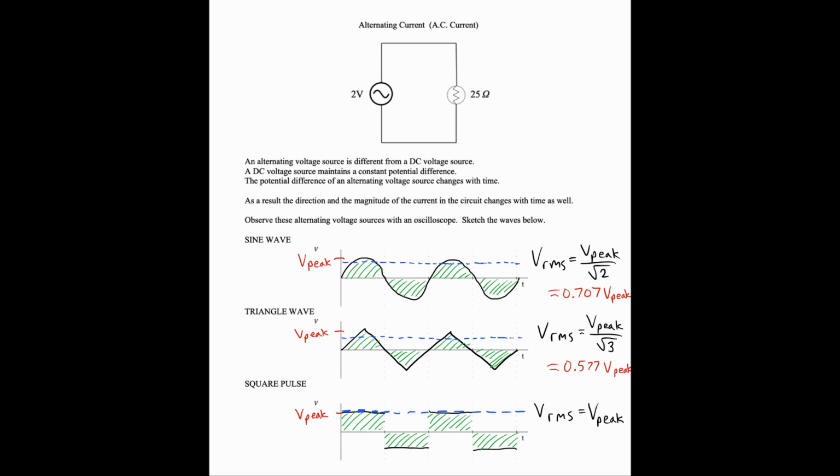As long as the frequency is fast enough, our eye won't be able to tell that the current is alternating. And when it comes to the power delivered to a home, the frequency of oscillation is approximately 60 hertz.